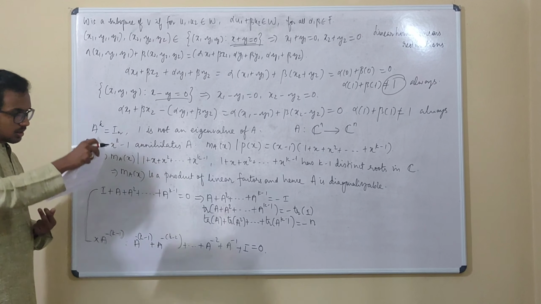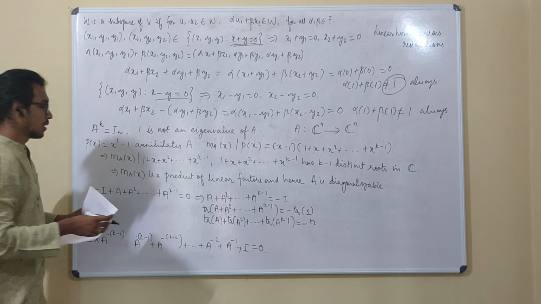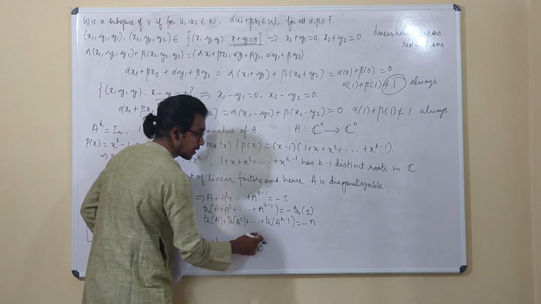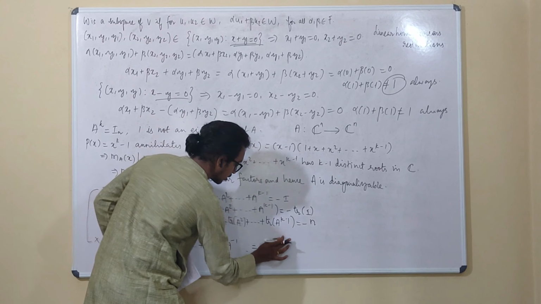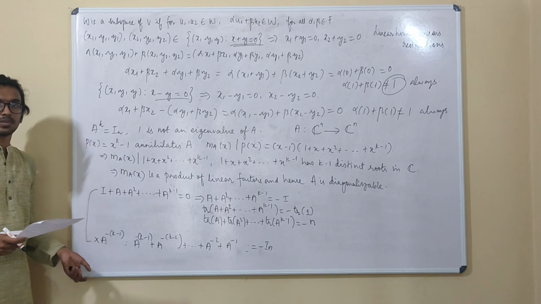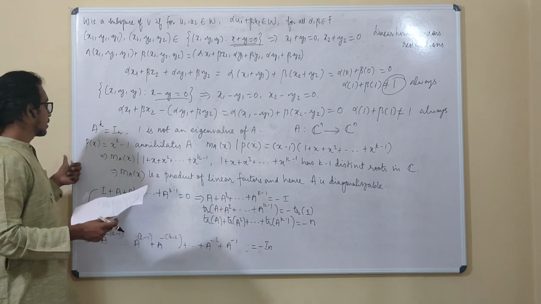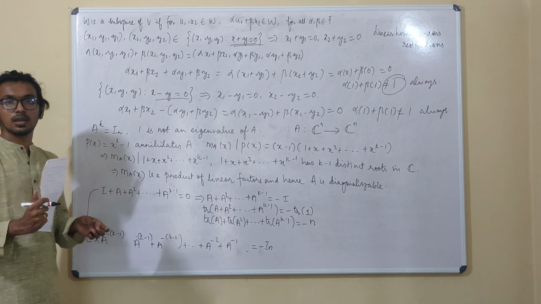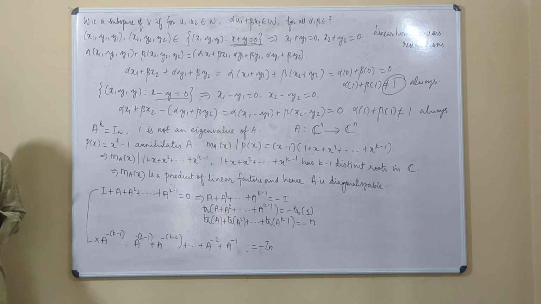And that option tells us what? You just take this plus identity to the next side, then you would get minus identity. This is the fourth option, and that is right. So in this question, options 1, 3 and 4 are the right options.